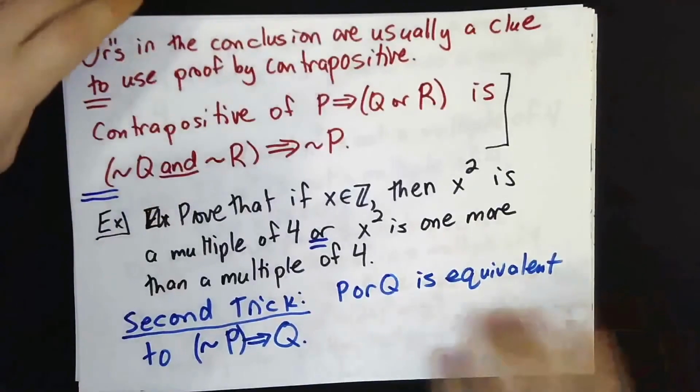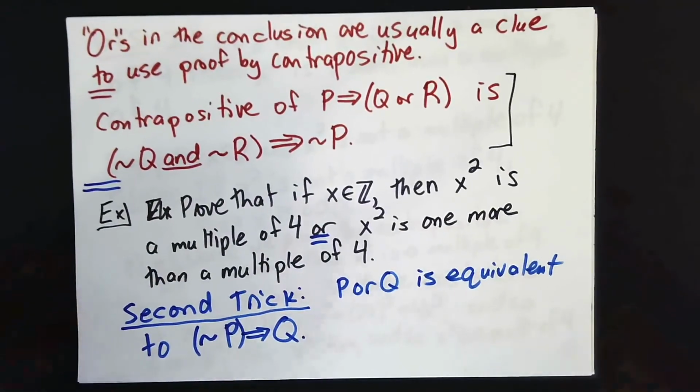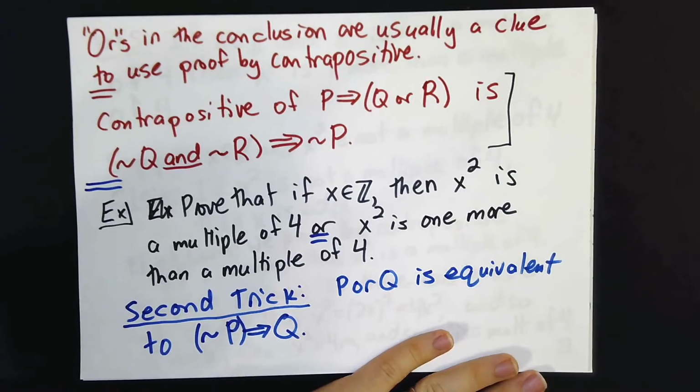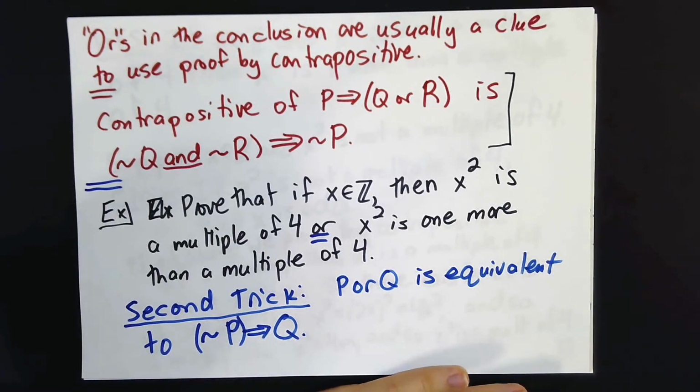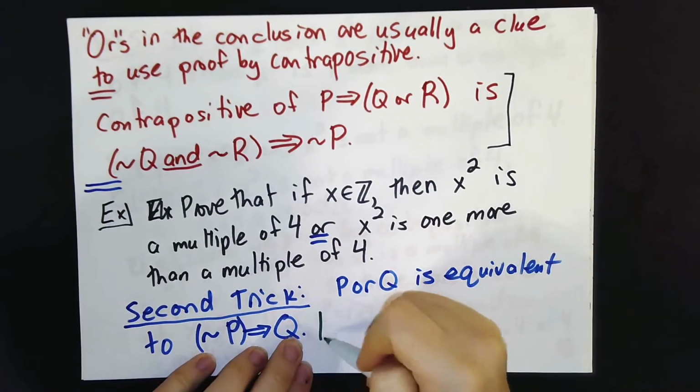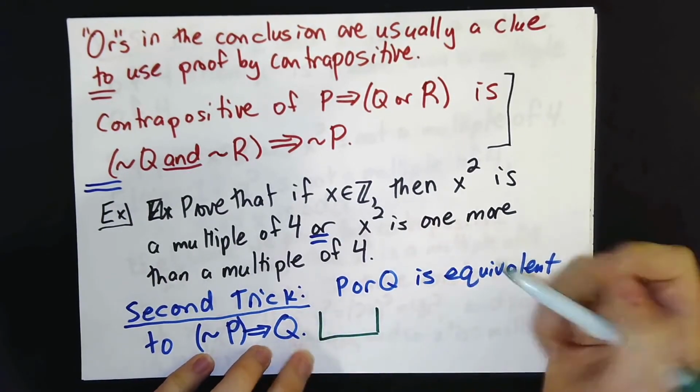So, that was a rather long-winded discussion of proving that if x is an integer and you square it, then you get something that's either a multiple of 4 or 1 more than a multiple of 4. Which is pretty evocative of our buckets from the division algorithm, right?